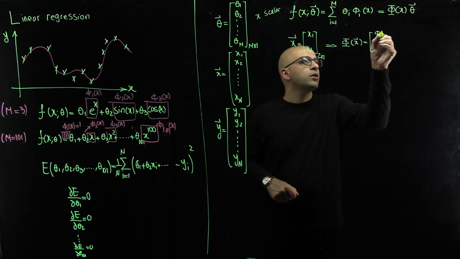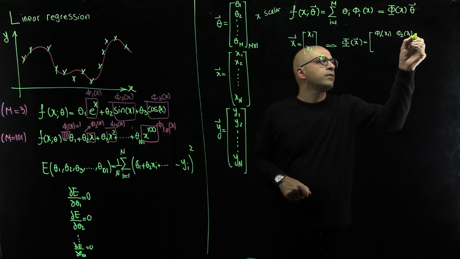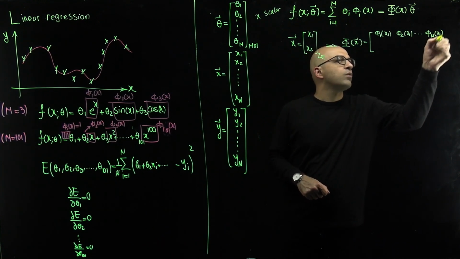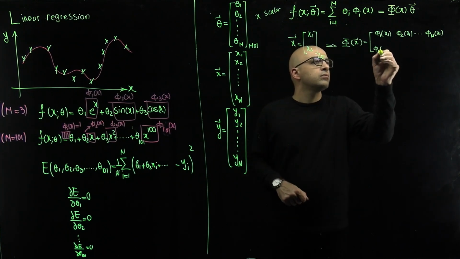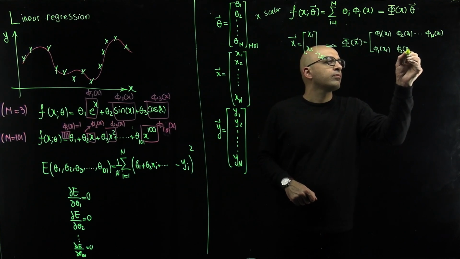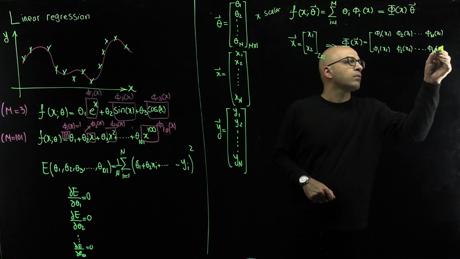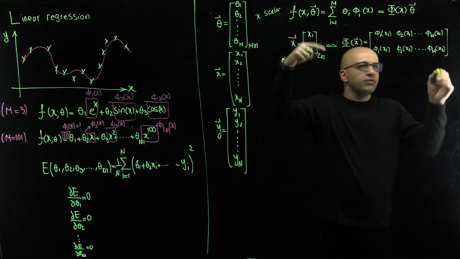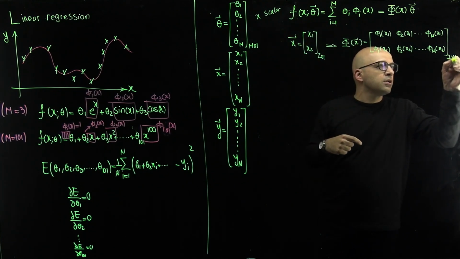So this is phi1 x1, phi2 x1, all the way to phi m x1, and the second row is just the basis function evaluated at x2. So the size of this matrix is determined by the size of this vector, because the number of rows is the number of points we are evaluating. So here this is 2 by m.